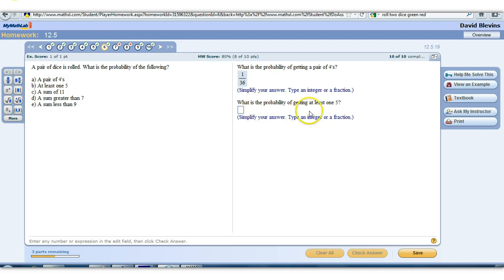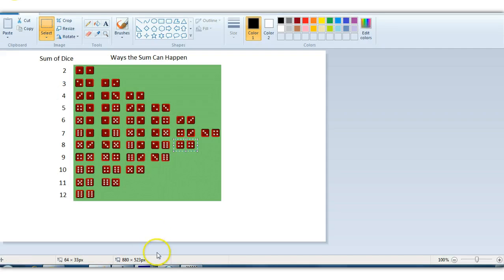Alright, then it says, what's the probability of getting at least 1 5? Going back to this, at least 1 5, there's one that has a 5 in it. So there's 1. Here's 1, 2, 3, 4, 5, 6, 7, 8, 9, 10, 11.